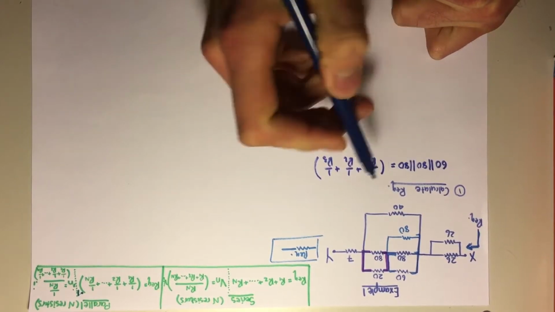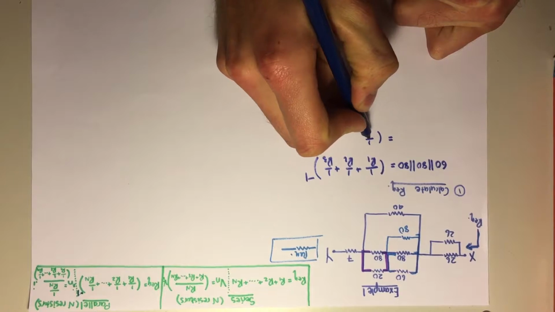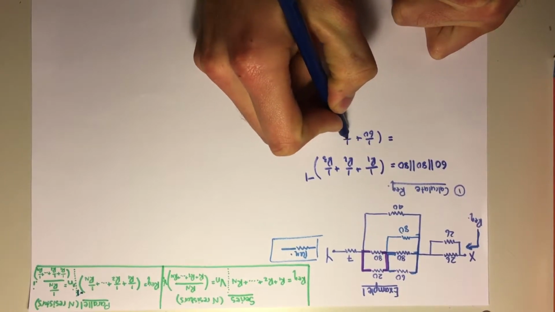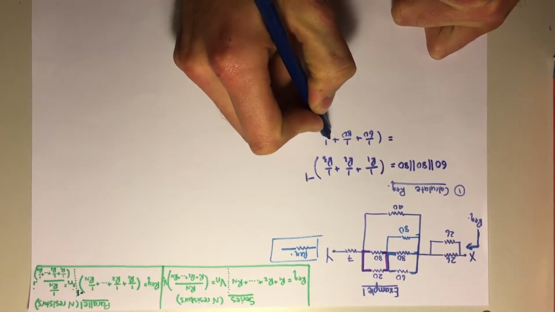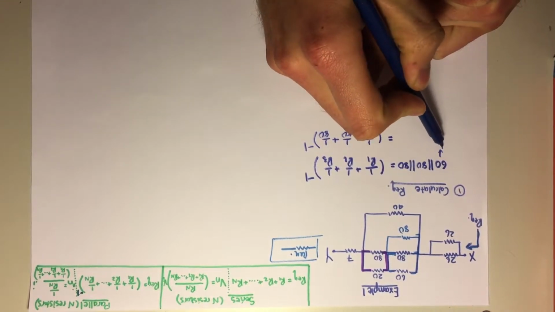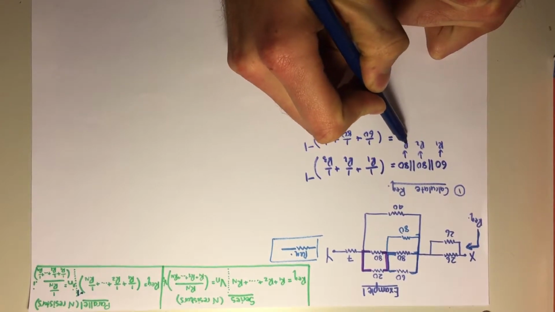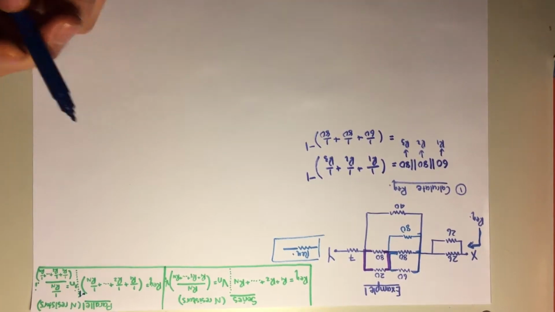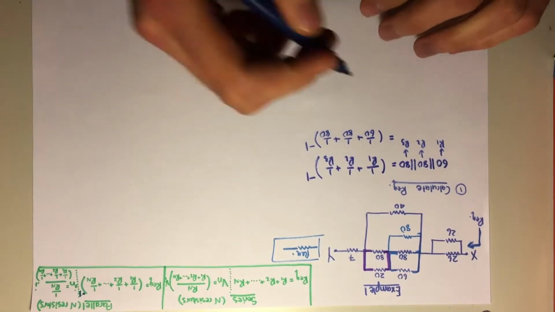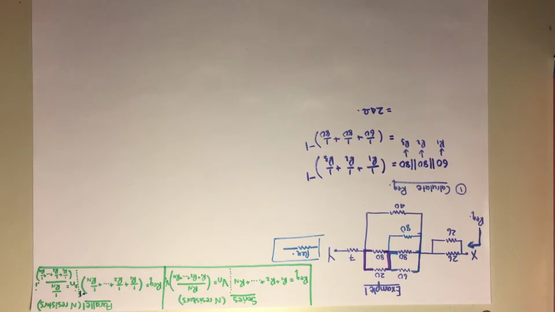There are three resistances, inverted. And this is equal to 1 over 60 plus 1 over 80 plus 1 over 80, to the minus 1. This is R1, this is R2, and this one is R3. Okay, and that gives us 24 ohms if I calculated correctly.